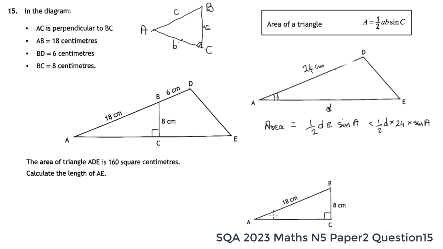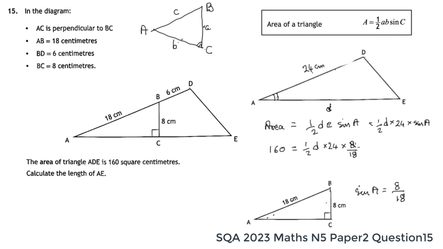The sine of A, opposite over hypotenuse, in a right angle triangle, remember, that's 8 over 18. So that's not a problem, we can work that out. So let's keep going with this. So the area, remember we're told the area is 160, so we can put that in. A half d times e, which is 24, times 8 over 18. So that's the calculation that we'll need to do.